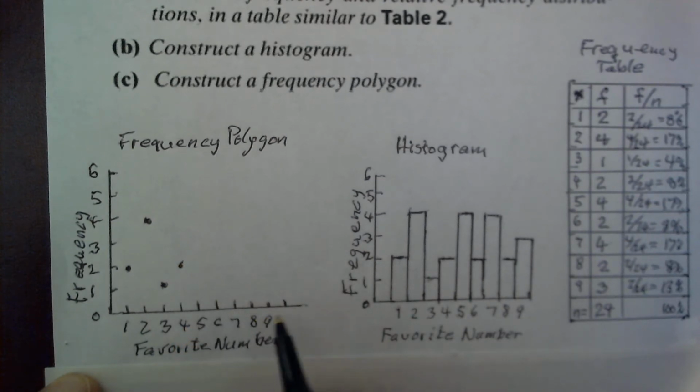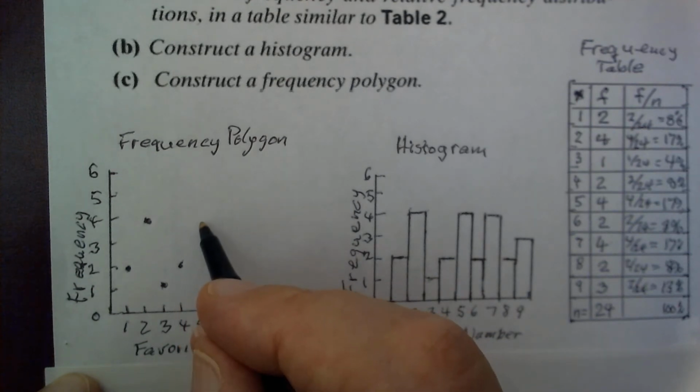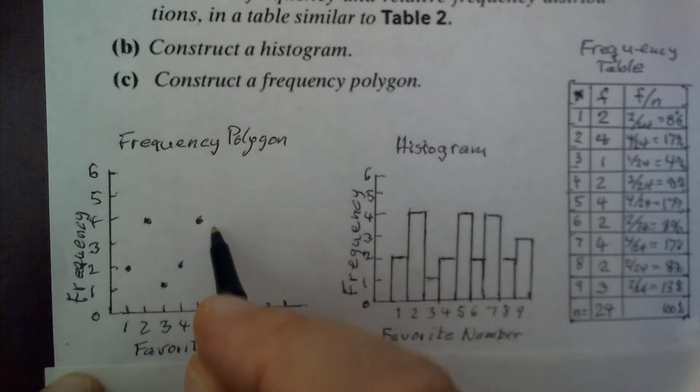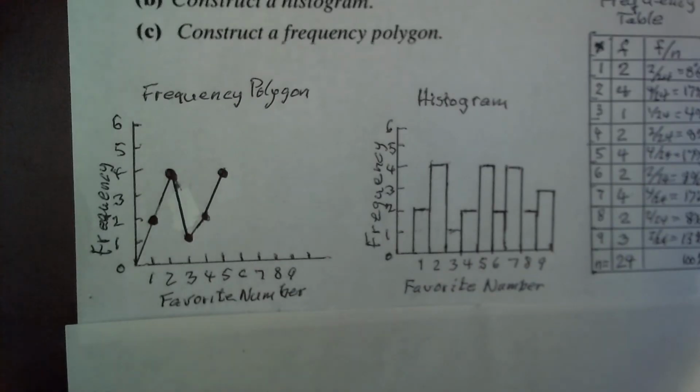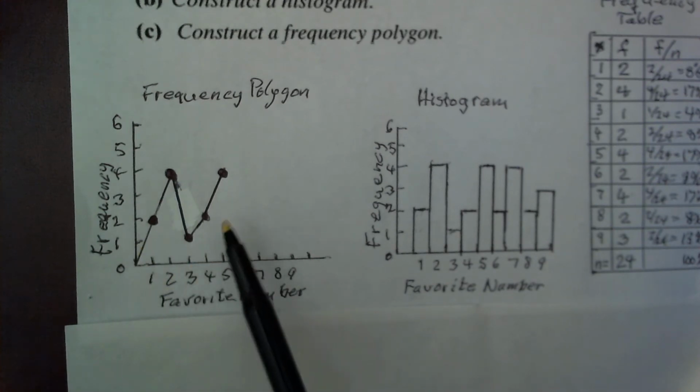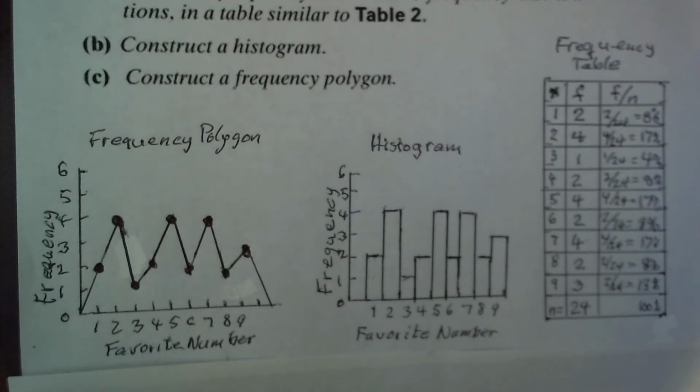And then the number 5 was 4 times, so we go up to 4, and so on. And then we connect these dots with a line. So here we have connected the first few dots with line segments, and now I'm going to finish it up. So here's the completed frequency polygon.